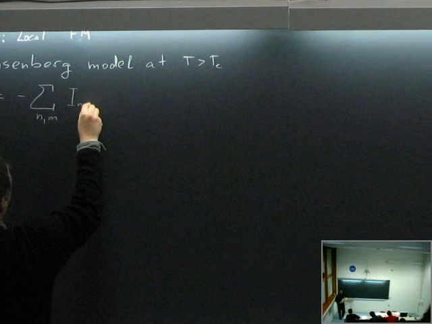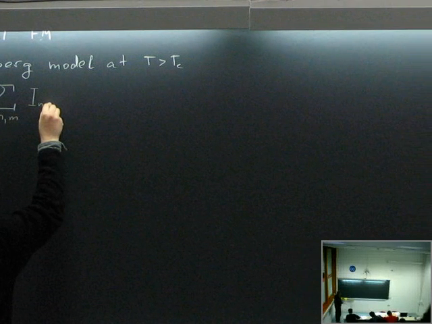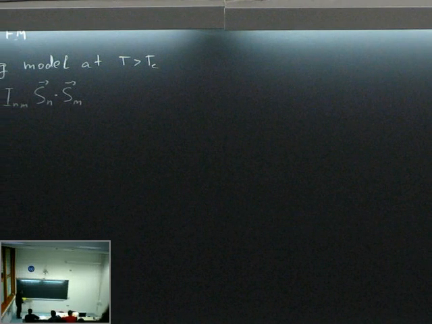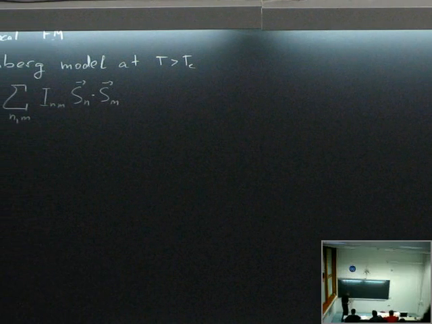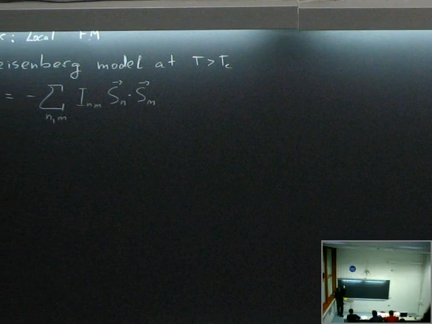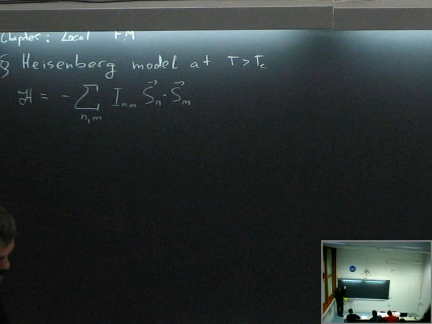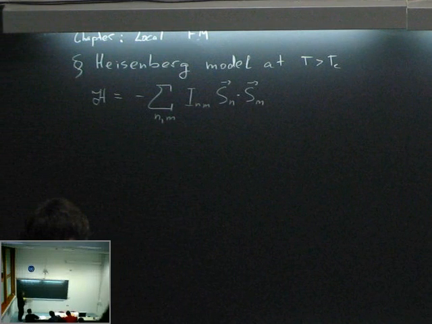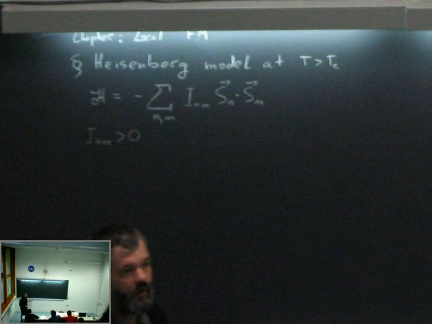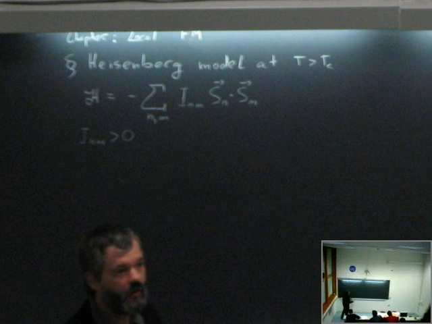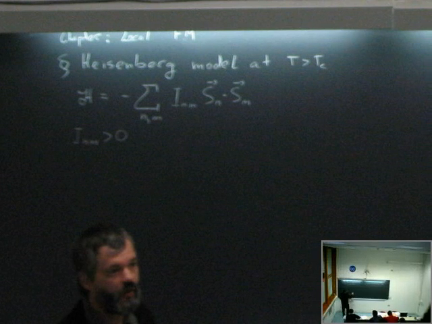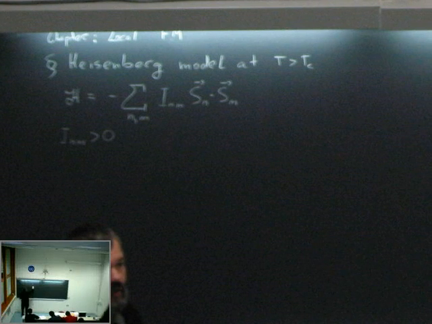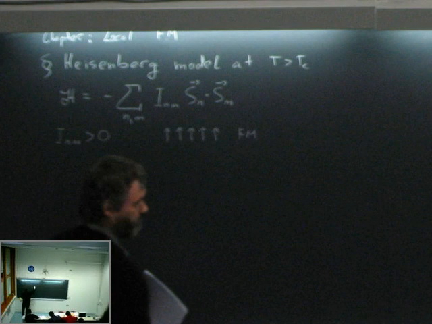So we discuss an isotropic model, and just for your notations and again reminding you what we are doing, I suppose that all coupling constants I_nm are positive. Therefore, the ground state of this Hamiltonian corresponds to alignment of all spins parallel, and this is called the ferromagnetic ground state.